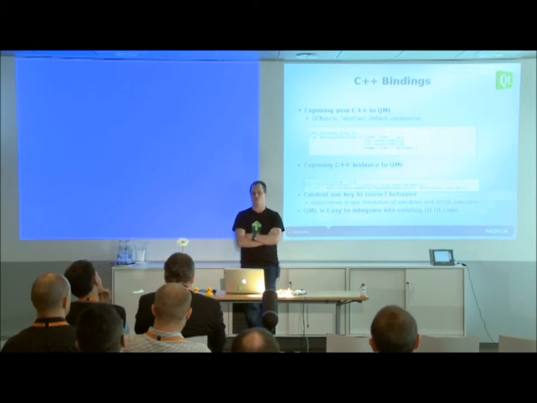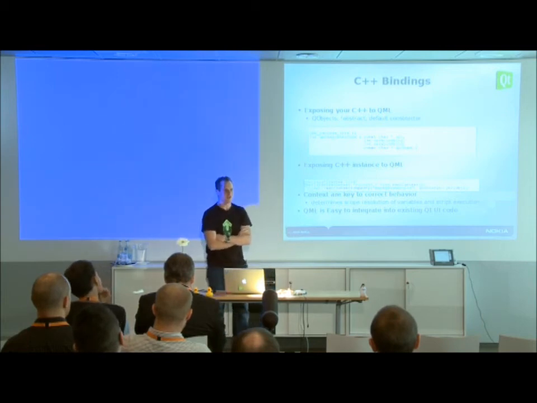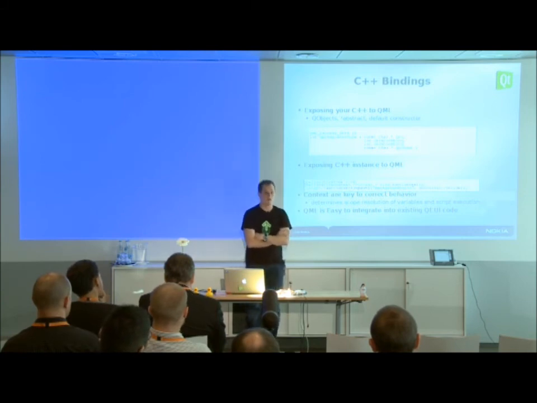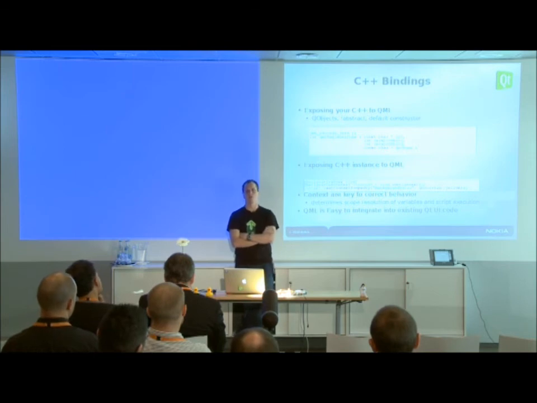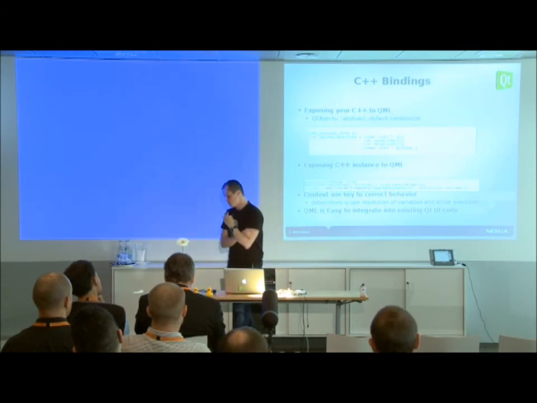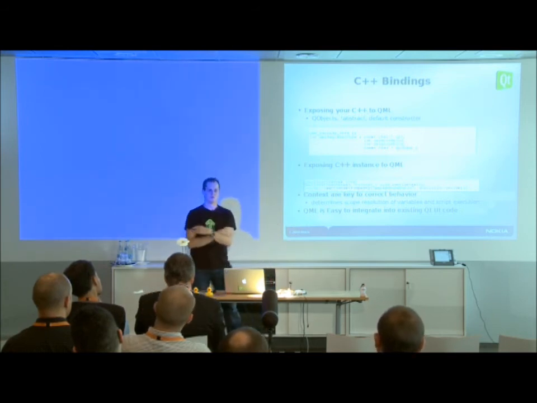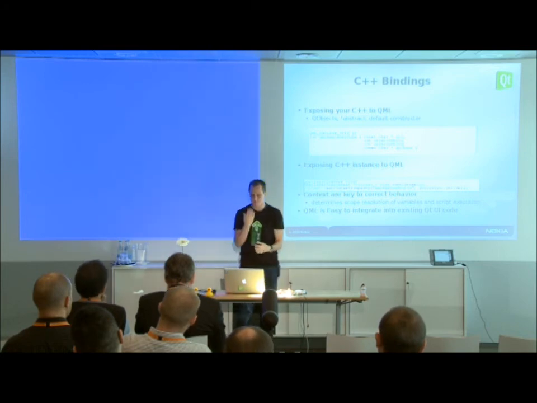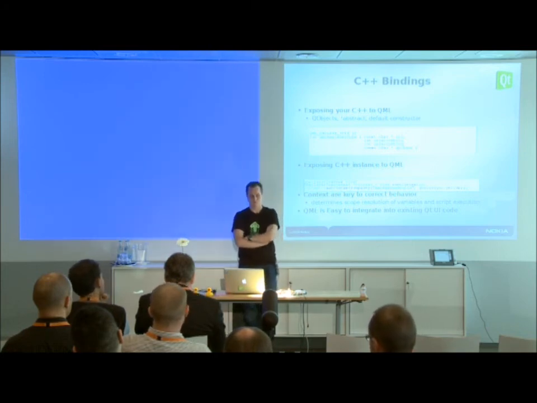I don't know, connecting to a highly secured VPN environment, or a database that is not supported by Qt, or whatever reason, or an algorithm too complex to put in JavaScript, so it's faster in C++. Then we still think that you should be able to use them from QML. But we still think that C++ is for when you hit the wall with QML and you say, I can't. So then you fall back to C++. That's how we think it should be used.